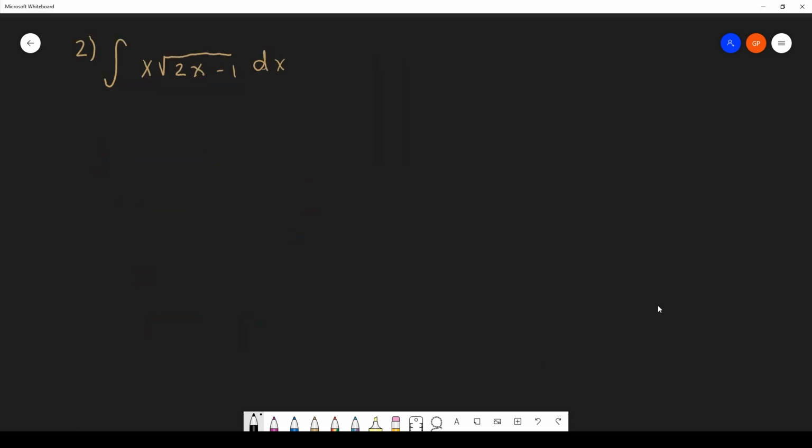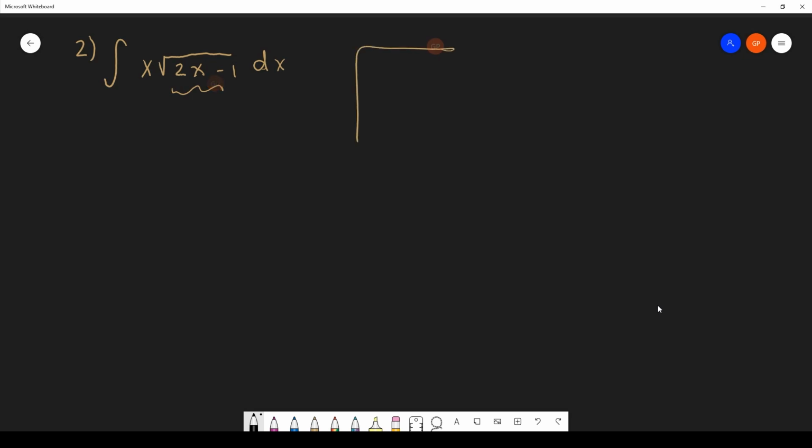Let's do another one. When we look at this question, we notice that immediately there is no quick derivative where the derivative of 2x minus 1 is present. Well, actually the derivative of x is present because it's just 1. But in this case, we're going to have to play around with the substitution a little bit more. So I'm going to set my u equal to 2x minus 1.